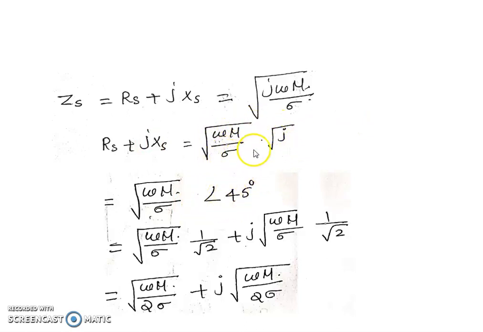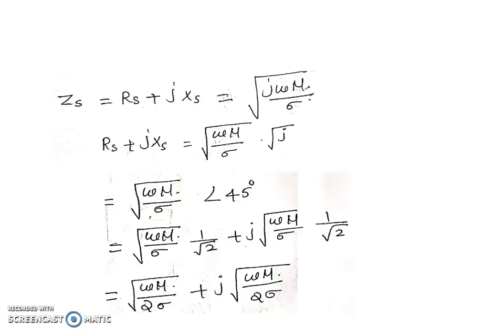This equation is in rectangular form and we are converting that into the polar system like this. We know the relation that when an equation is in the form of a angle theta, then we can write the equation in expanded form like this, a into cos theta plus j sin theta. Apply that relation here in this equation.